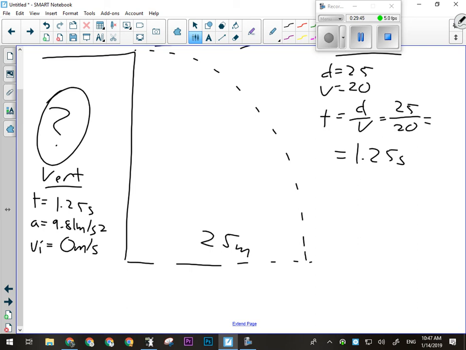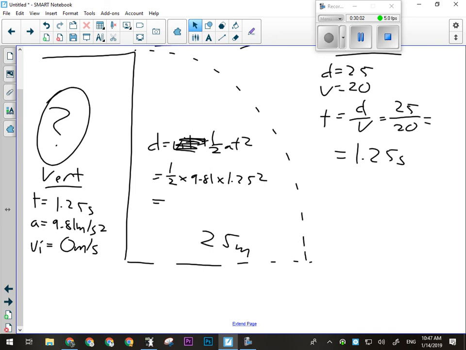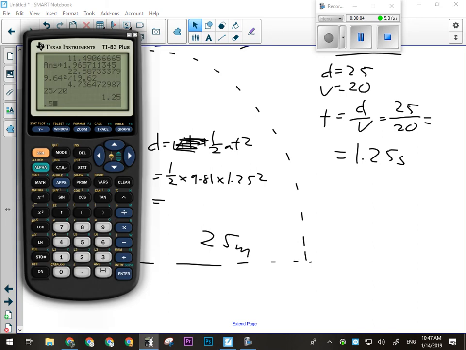Now that we have that, we can find the height of the cliff using D equals VI times T plus 1/2 AT squared. This is 0, so it won't matter. All I have to do is go 1/2 times 9.81 times 1.25 squared, and I have the height of the cliff.